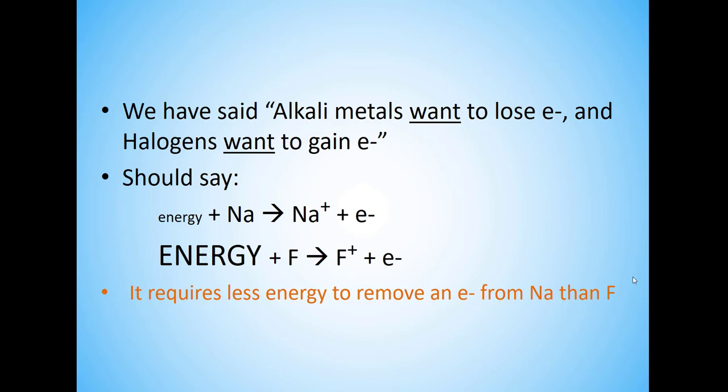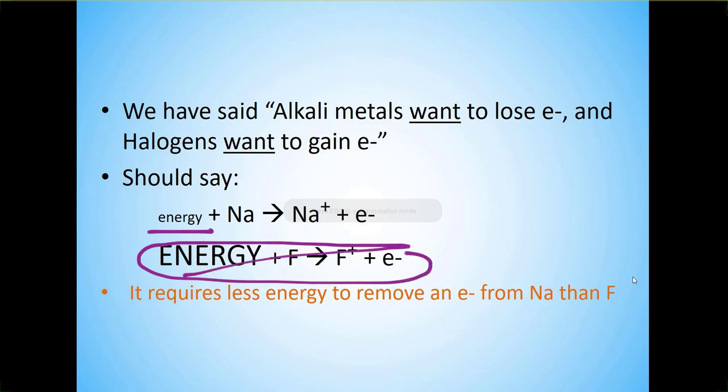But as far as between which element will lose or gain electrons, having a low amount of energy to lose an electron is more likely to happen than it would for fluorine. So fluorine, chances are this is not going to happen because it just takes too much energy to do that. And so we find that for metals, it takes a little bit of energy to lose an electron, but for nonmetals, it's so large that that's just not going to happen.